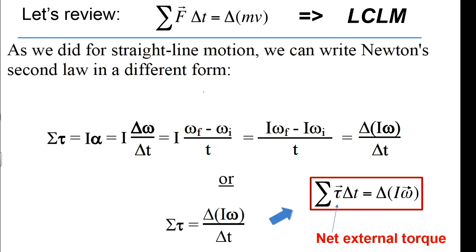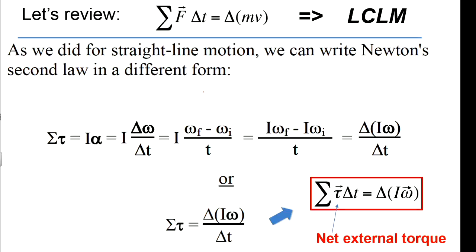Now, don't read that because it doesn't really matter. This is for me, so I wouldn't forget to say something about it. We can apply the same kind of reasoning to rotational motion, using a similar equation, and we can say when net external torque equals 0, this variable is supposed to be conserved. There should be no change.